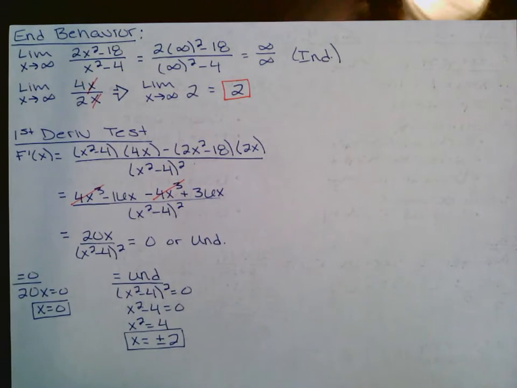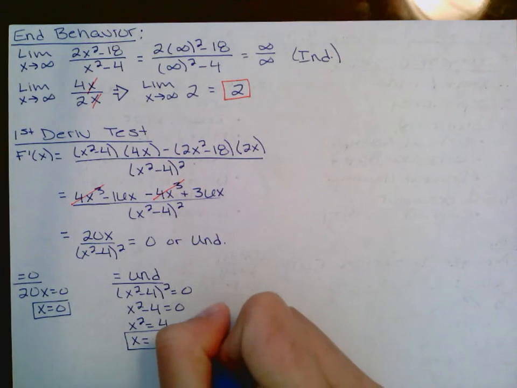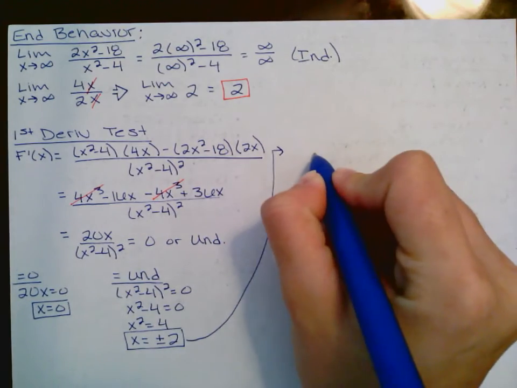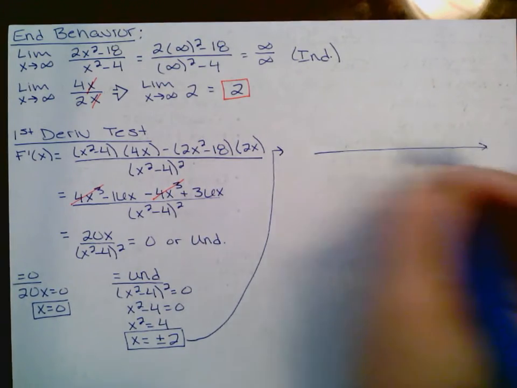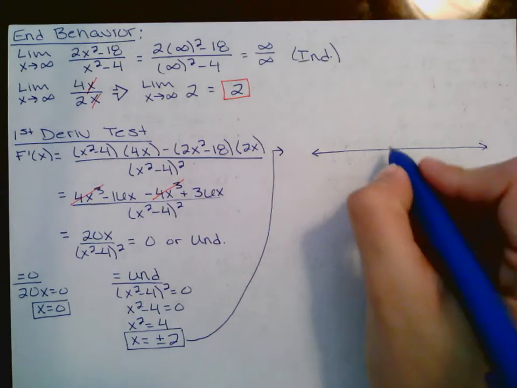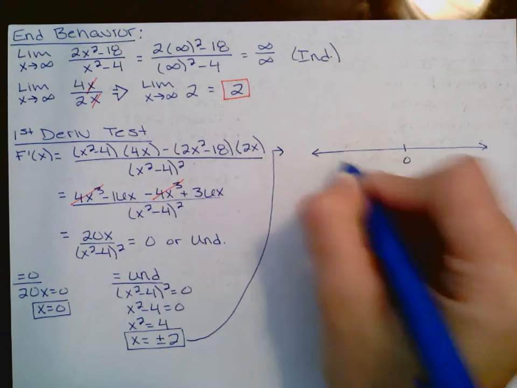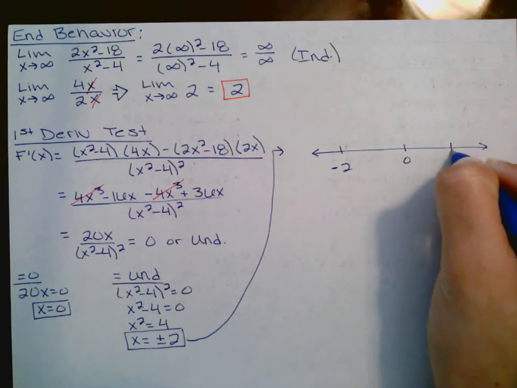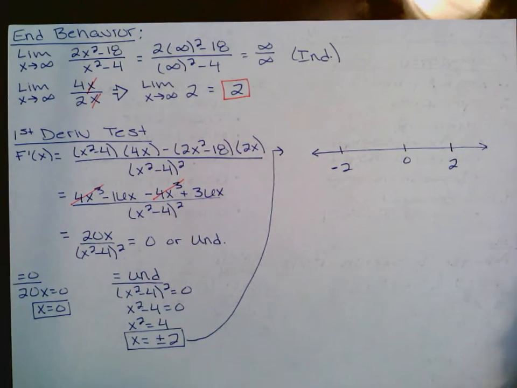So now, at this point, I'm going to want to draw my number line, including these 3 spots. I'm going to come up here, just to not waste too much space. Now, on my number line, I have 0, I have -2, and I have +2.